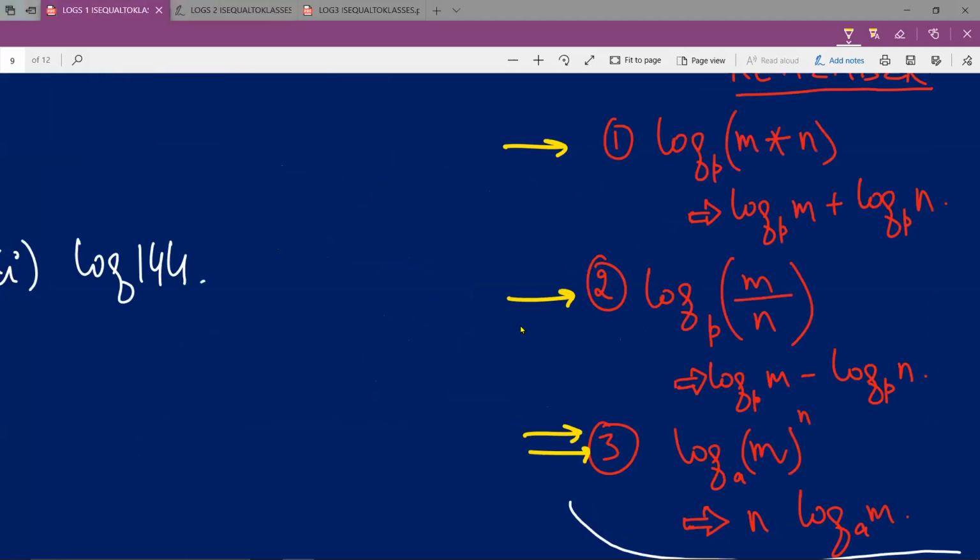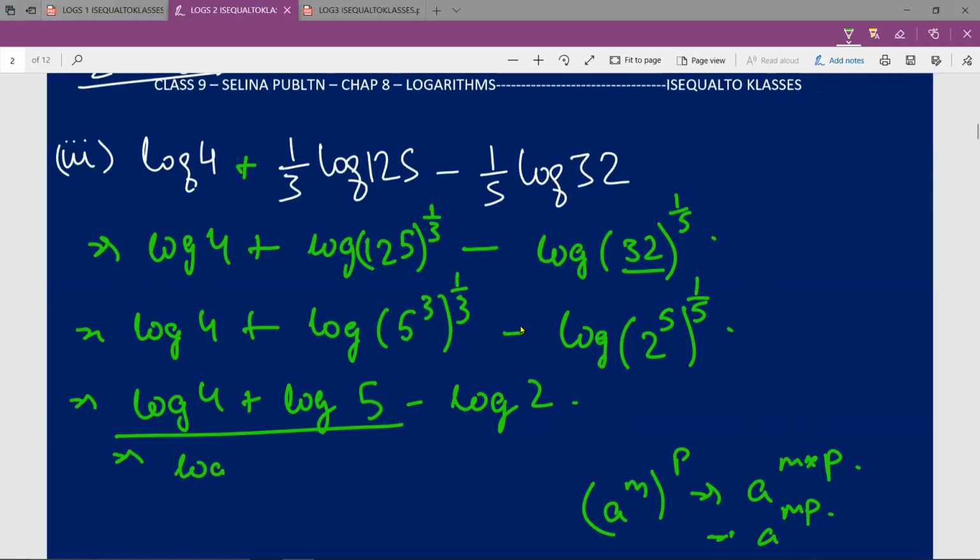So over here, I'll solve this part of the question first. Applying the first law, I could write this as log of 4 into 5, which would be 20, minus log of 2. So I'll scroll down a bit.